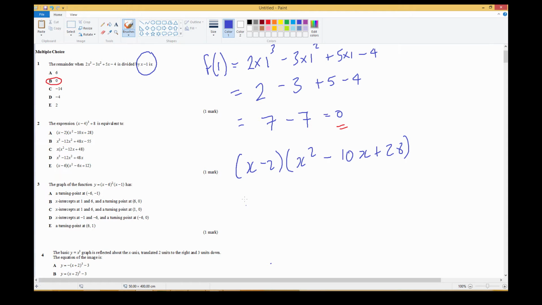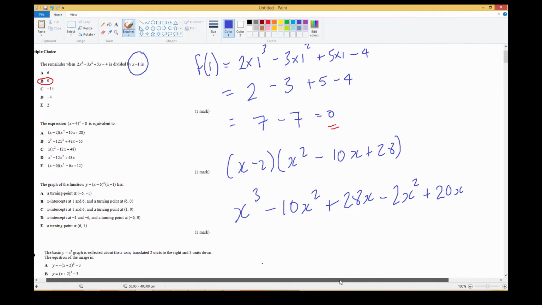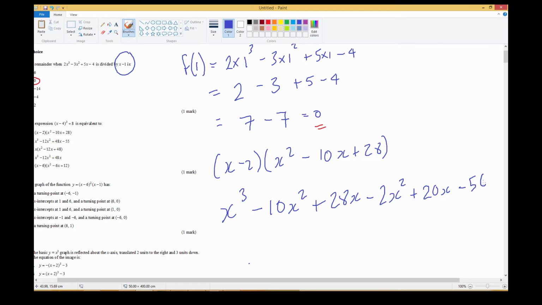Just normal expansion: x times x squared, x cubed; x times minus 10x, you get minus 10x squared; x times 28 is 28x; then minus 2 times x squared, minus 2x squared; minus 2 times minus 10 gives you plus 20x, and minus 2 times plus 28 will give you minus 56.